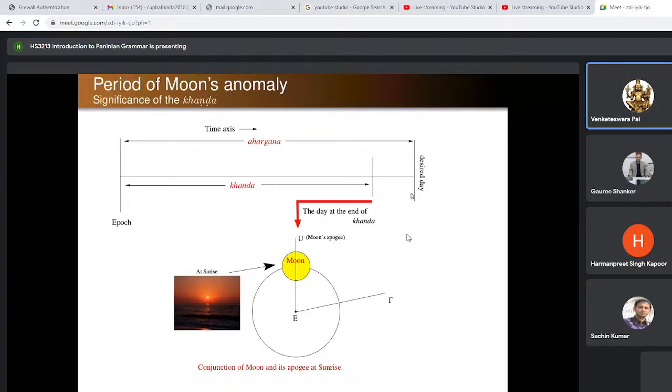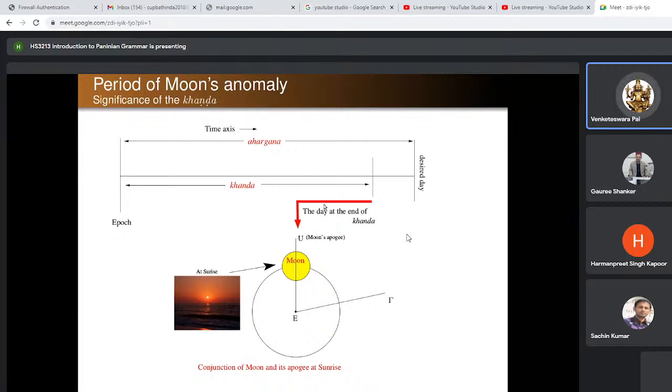The desired day is the day for which astronomical parameters such as the longitudes of the planets are desired. The duration between these two days in number of days is known as ahargana, that is, the group of civil days between the epoch and the desired day.